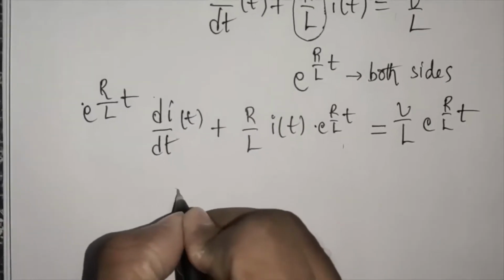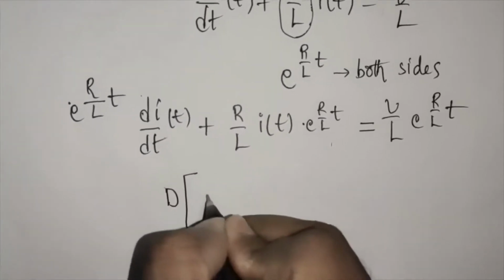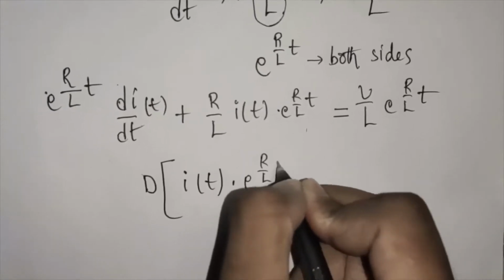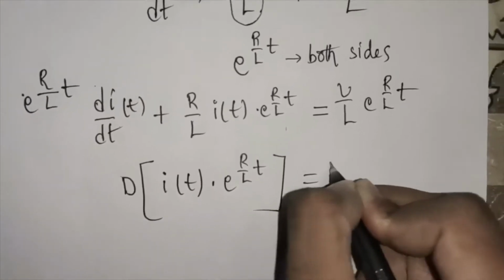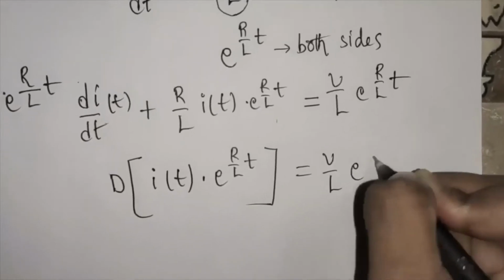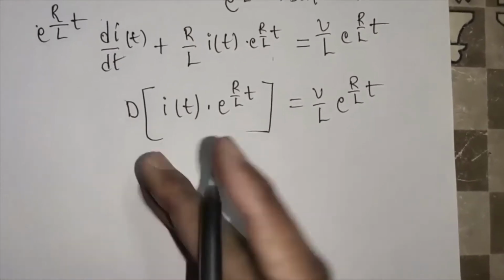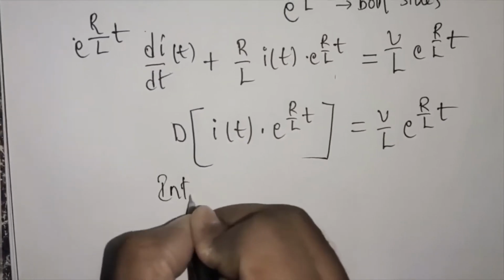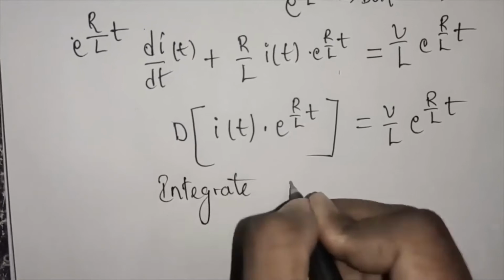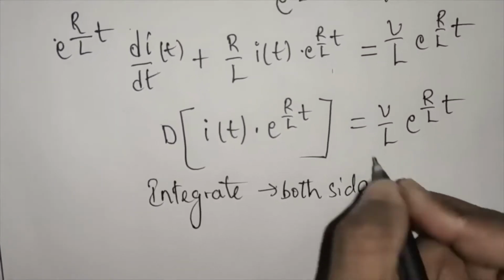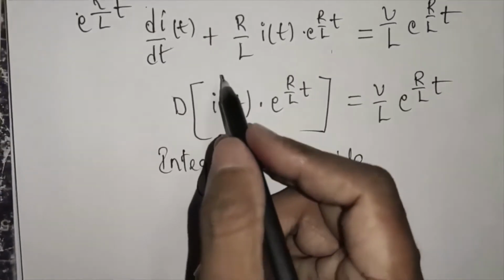So I can write d of I of t into e power R by L into t, which is equal to V by L into e power R by L into t. So I will integrate on both sides. If I integrate on both sides, the differential term and integral term will cancel each other.